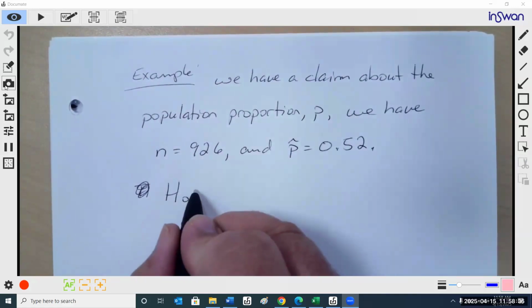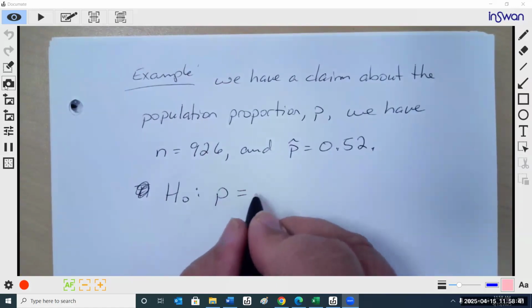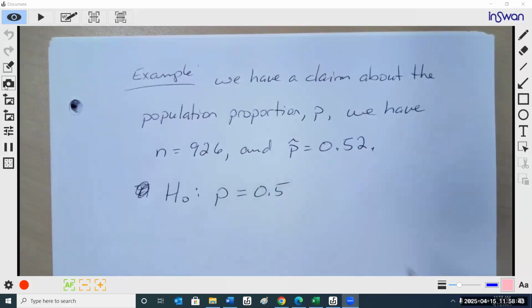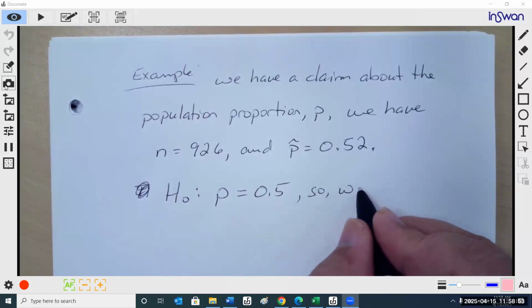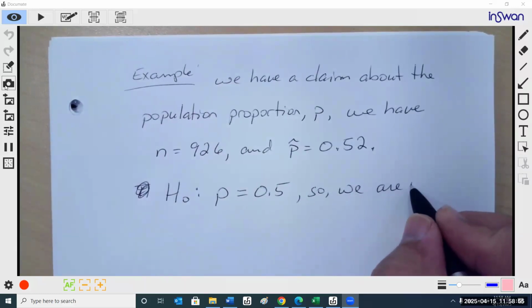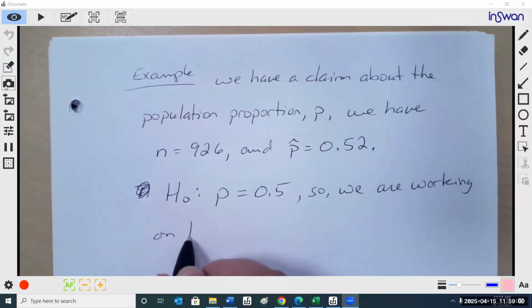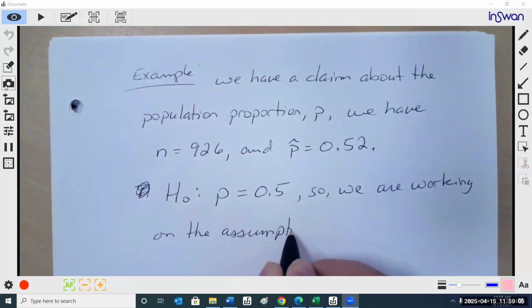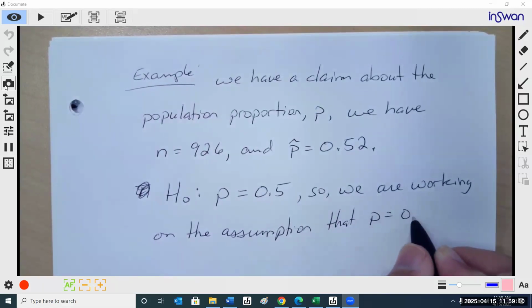The null hypothesis stated that P is equal to 0.05. So we're working on the assumption that P is equal to 0.05.